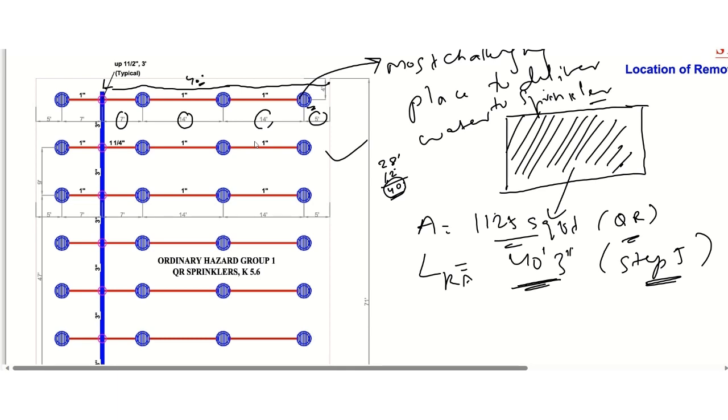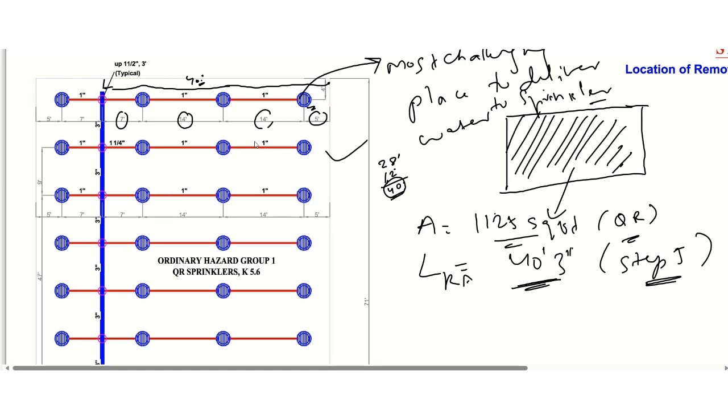NFPA states that if this dimension, 40 feet 3 inch, or the length of the remotest area, goes beyond the midway point between the sprinklers, see, already the sprinkler has crossed, and 7 feet we consider, it goes beyond the midway point between two sprinklers, then we must add an additional sprinkler to ensure that we meet the minimum L dimension.